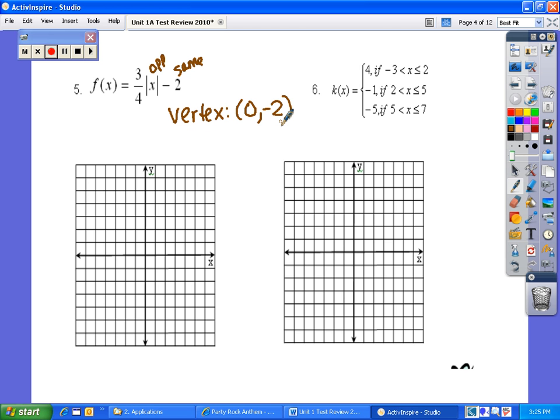The a value will be 3/4, meaning you're going to go up 3 and over 4. So now just start at 0, negative 2, and then go up 3 over 4. Up 3 over 4. Up 3 over 4. Up 3 over 4.